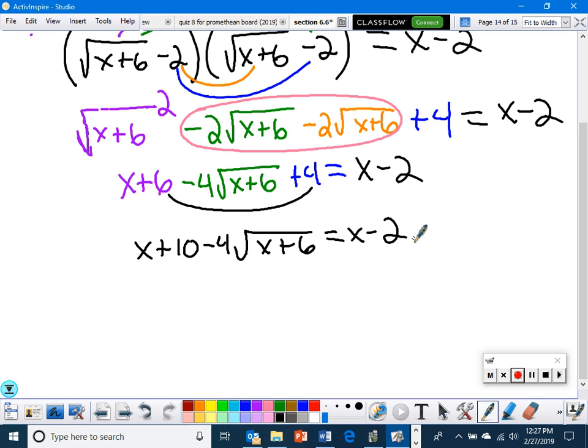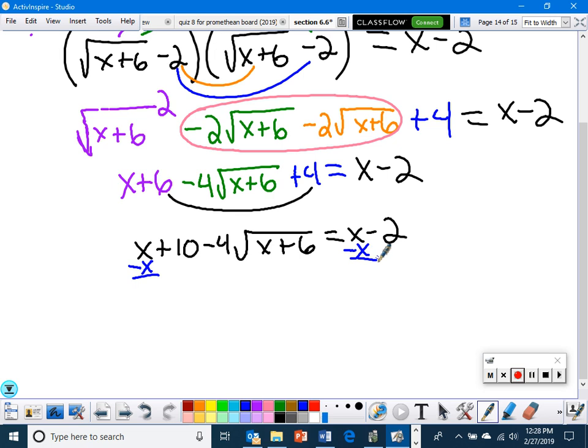Okay, now we need to get the square root isolated. All right, well, to isolate that, first we've got to get rid of the x, the 10, and the minus 4. Okay, you cannot combine the 10 and the minus 4, though. So we're going to get rid of the x first. So I'm going to get rid of x.